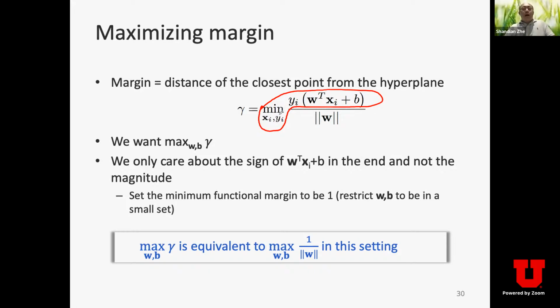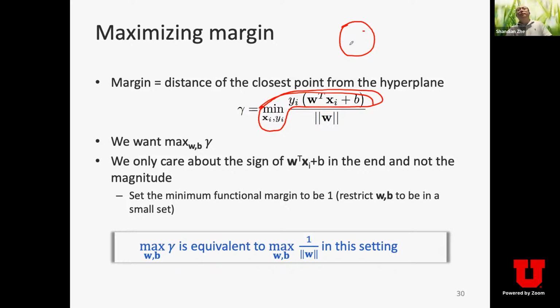So now I'm going to restrict or constrain WB into a subspace such that for any WB inside this subset, the minimum of the function margin is simply 1. And we just try to search for the optimal WB inside this small subset.